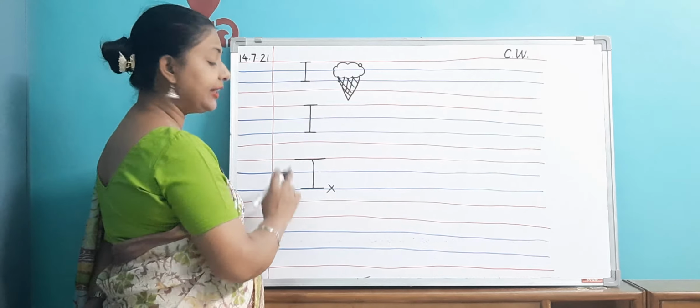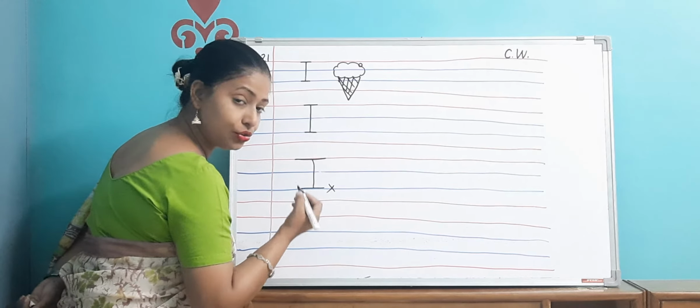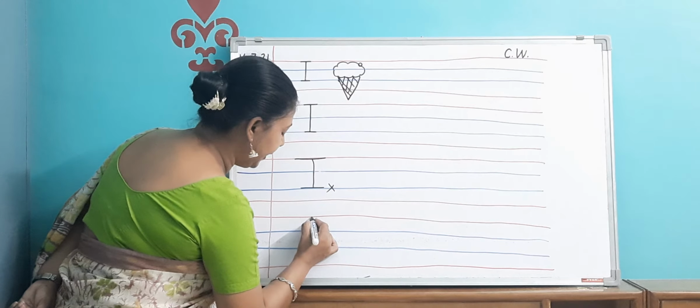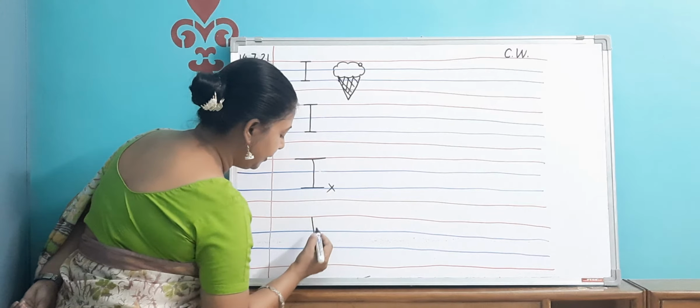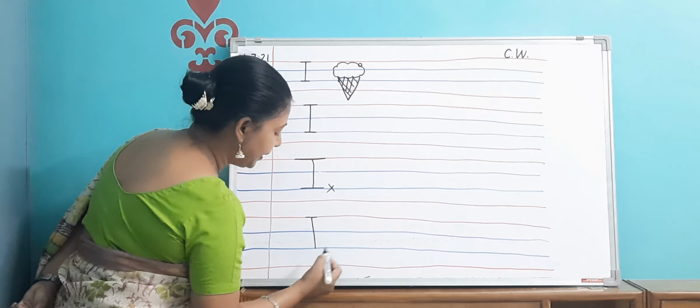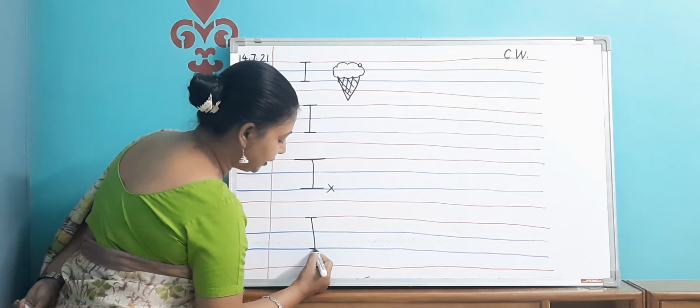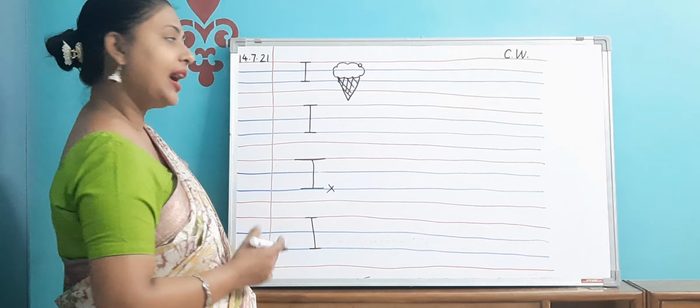If you draw like this, ma'am will cut it. So you are going to draw like this: from the first line till the third line, make a standing line, then come back to the first line and draw a small sleeping line. Again come to the third line and draw a small sleeping line. This has become I for ice cream.